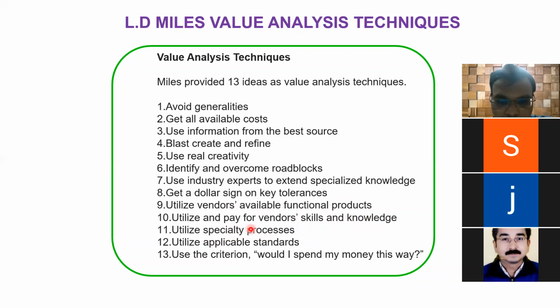You have to utilize the specialty processes, utilize the applicable standards, and use the criteria: would I spend my money this way? So we are going to see all these 13 in detail now, and how you can bring them in to achieve the value for your process.